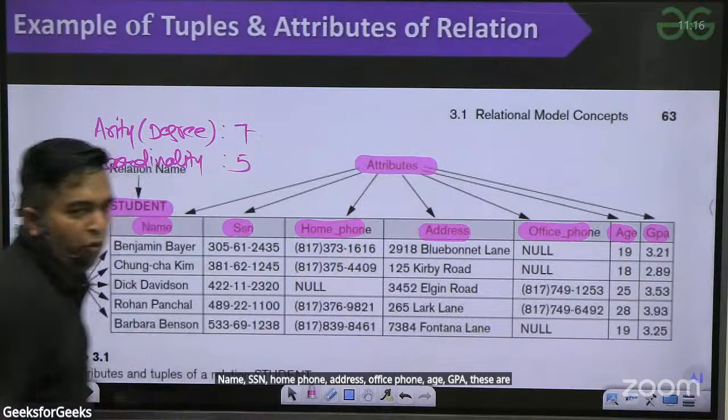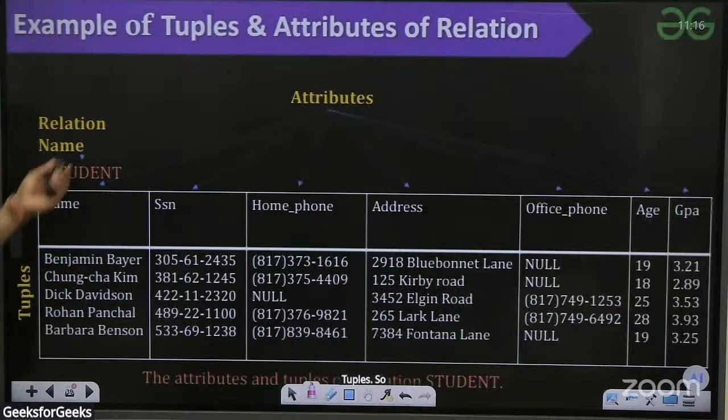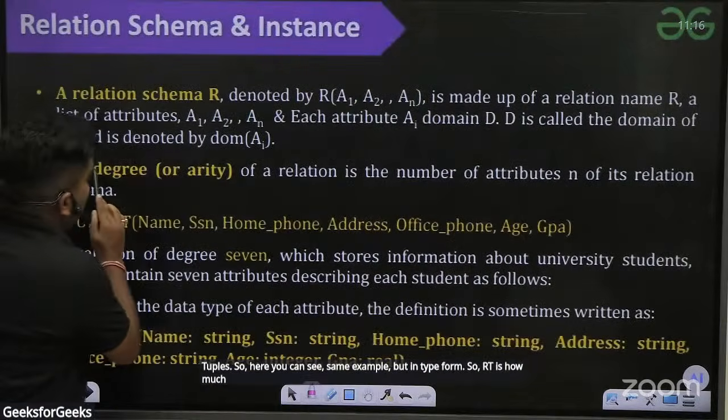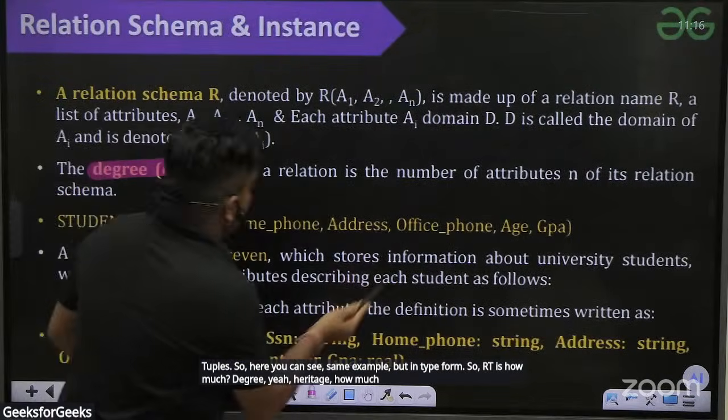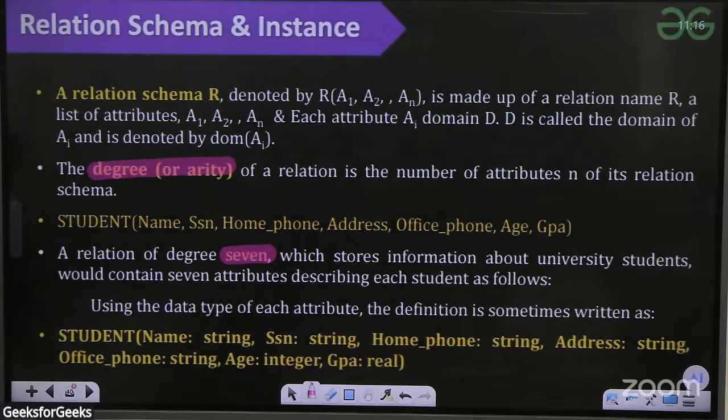These are called tuples. Here you can see the same example but in typed form. So degree or arity is how much? 7. Crystal clear? Degree or arity is 7.